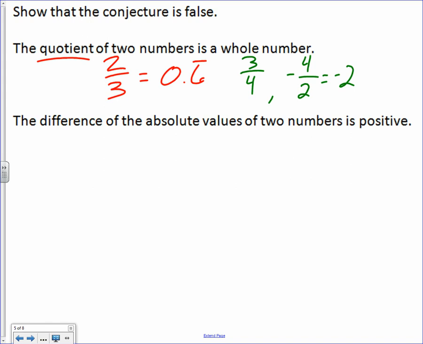Whole numbers have to be positive. And so even though -4 and 2 are both numbers, -4 divided by 2 is not a whole number. So there are a lot of different examples here. I would be surprised if in a general assignment or something like that, we all came up with the same thing. Sometimes there is only one counterexample. A lot of times there's a lot.